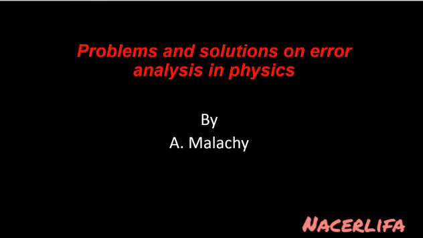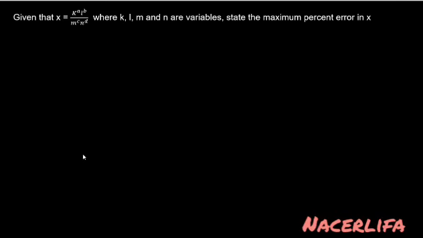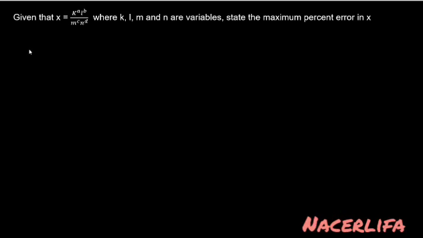So problem number 1 says, given that x equals this, where k, l, m, and n are variables, state the maximum percentage error in x. So solution: the maximum percentage error in x.